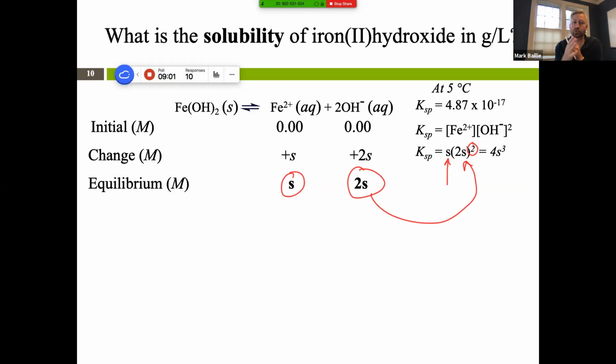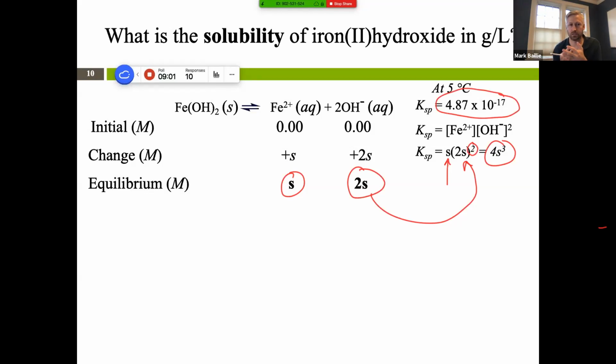So 2 squared is 4, S squared is S squared. So we have 4S squared times S. And that comes out to 4S cubed. So that all equals KSP, which we have a number for up at the top.